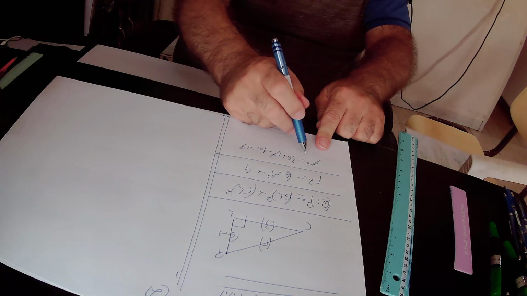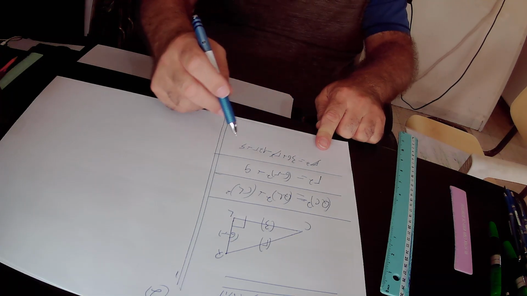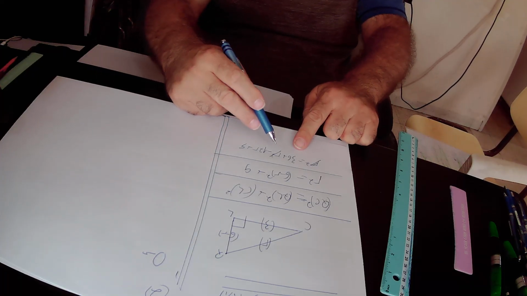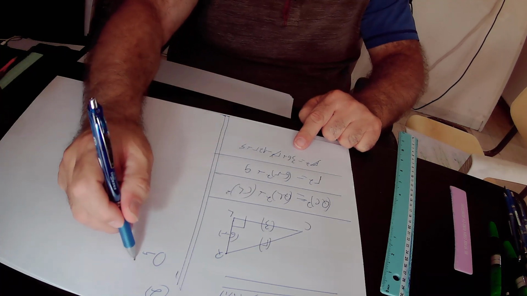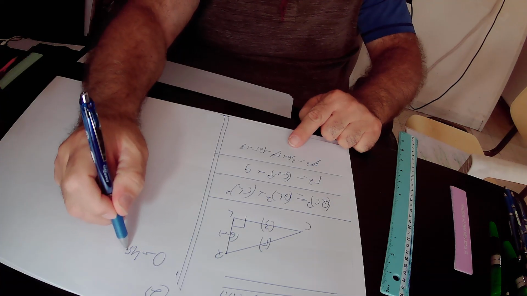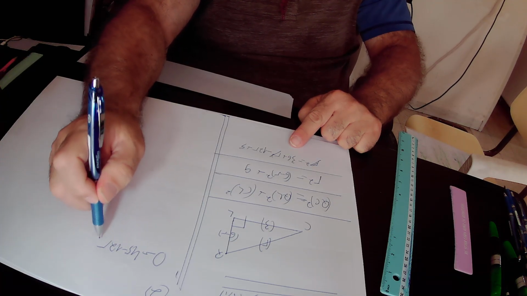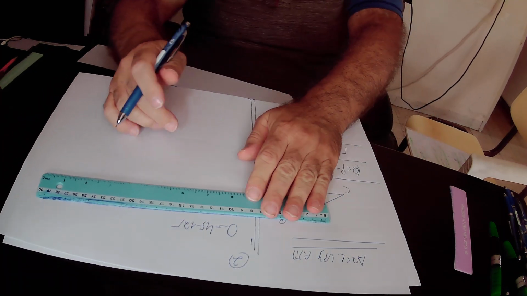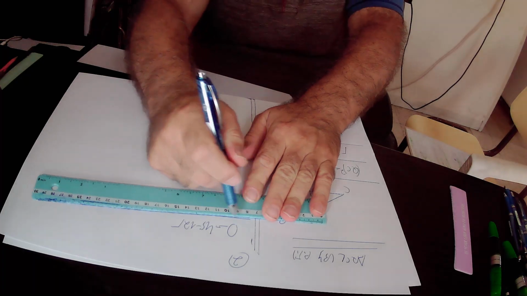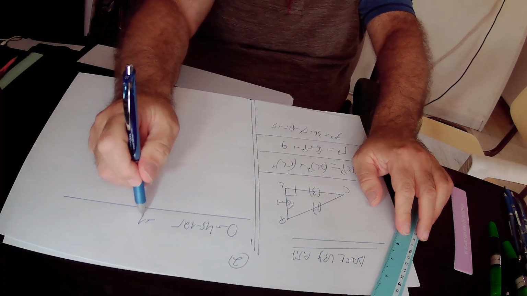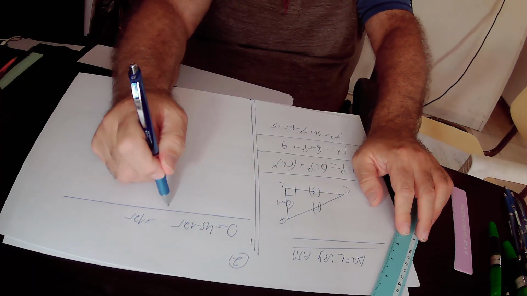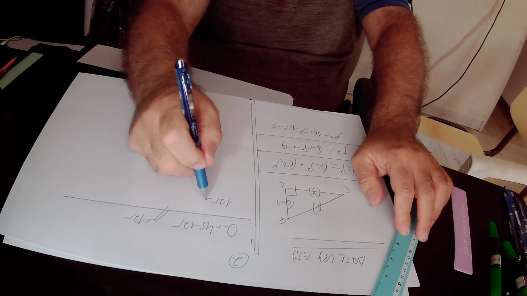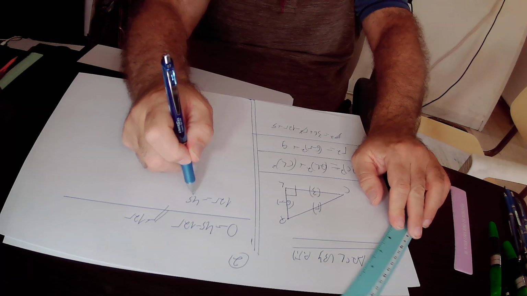After cancelling R squared, on this side of the equation we are left with nothing, that is to say 0, while on the other side we have 36 plus 9, that is 45, minus 12R. So in total, 0 equals 45 minus 12R. Here we add 12R to both sides, and we get that 12R equals 45.